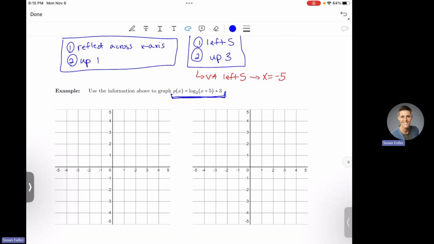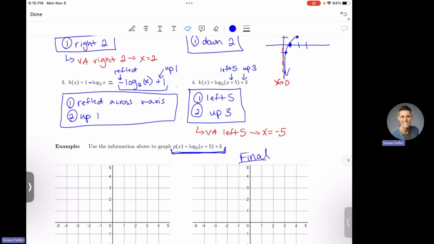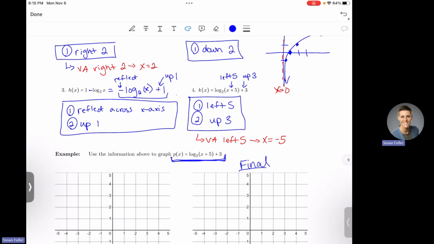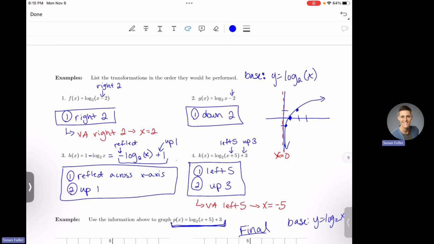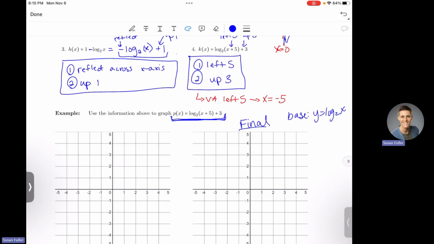Okay, so I'm going to start. So this left one here will be my scratch work, and my right one here will be my final answer. So I'm going to start over here on the left, and I'm going to plot my base graph y equals log base 2 of x, which is this guy that I have up here.